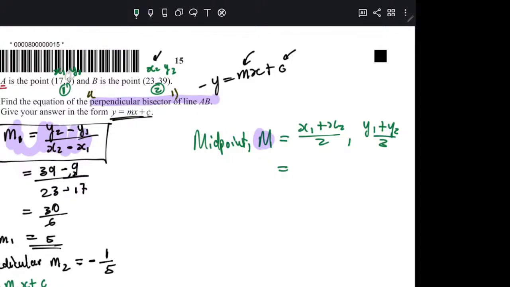x1, we go to point 1 and we take the x, 17, plus x2, we go to point 2, we take the x, 23. Then you divide by 2, comma, y1, you go to point 1, you take the y, it is 9, plus y2, you take the 39. Then you divide by 2.